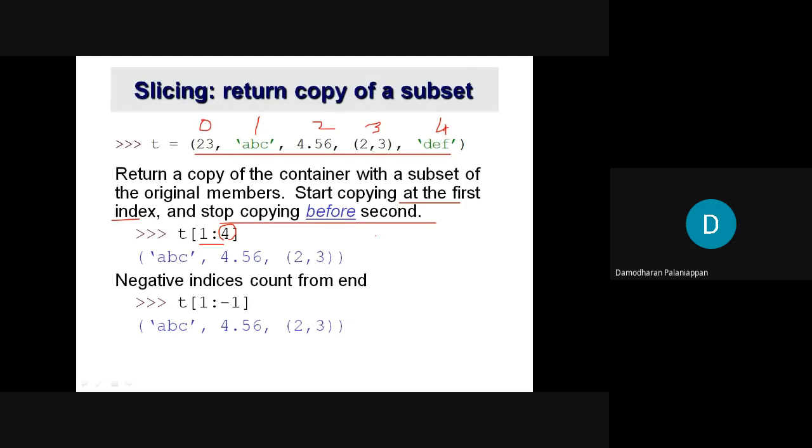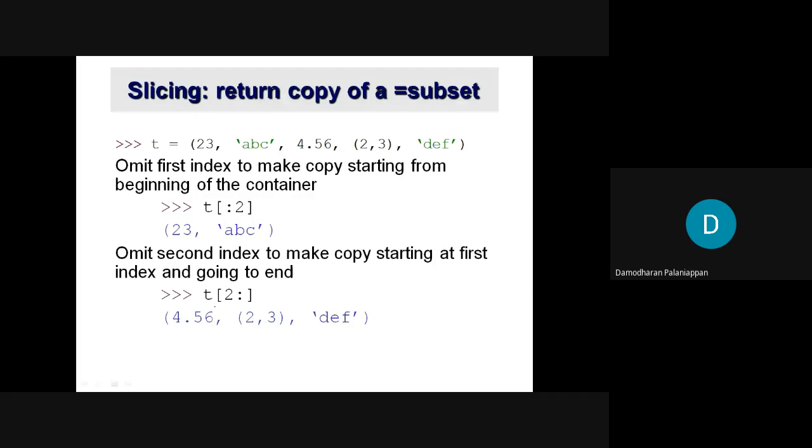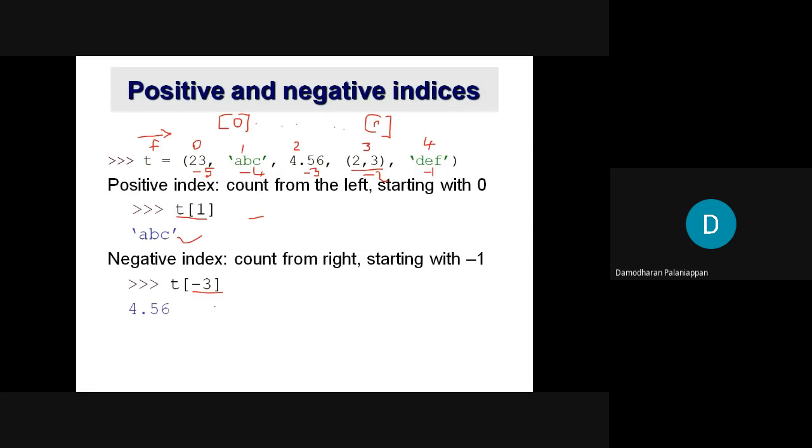It is also possible to access the data with a negative index. So it is very simple. A tuple can be easily accessed by a positive index as well as a negative index. You can move in the forward direction as well as in the reverse direction.